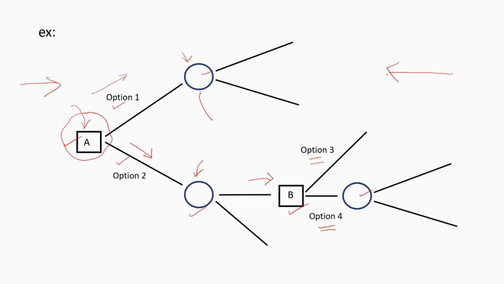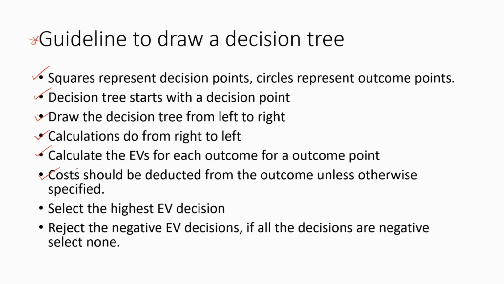Here is an outcome point. We have to calculate the expected values for the outcomes of this outcome point. Now you know how to calculate the expected values. We have to consider all the outcomes for an outcome point. Costs should be deducted from the outcome unless otherwise specified. You will get to know once we do the next example.